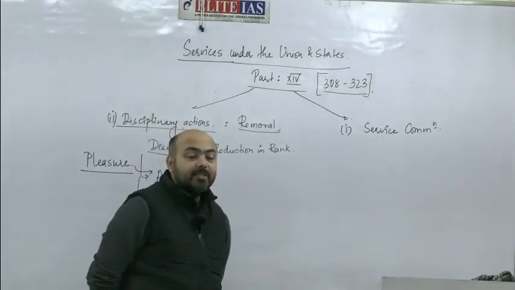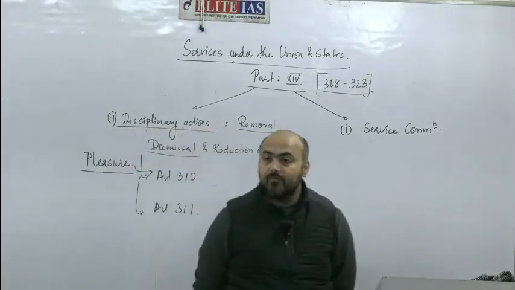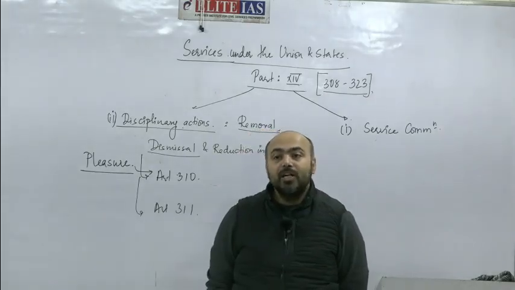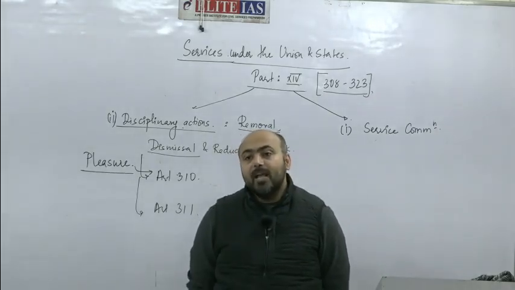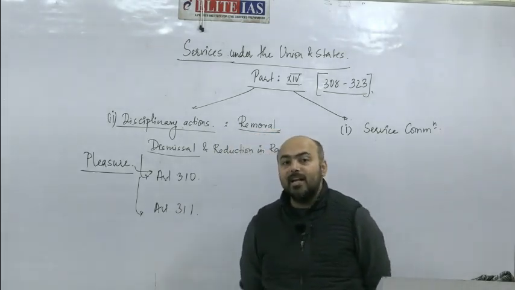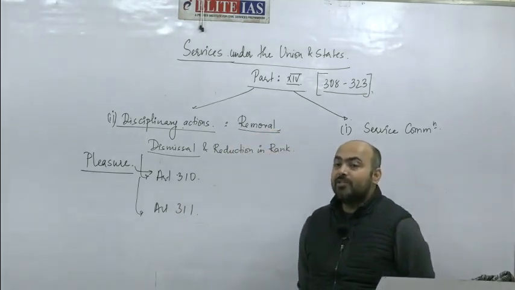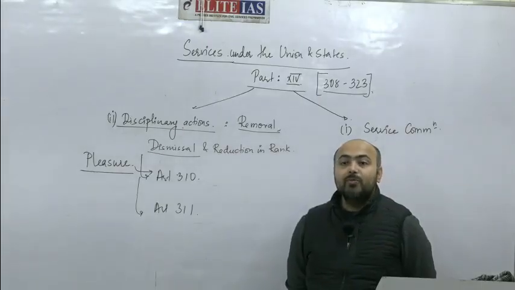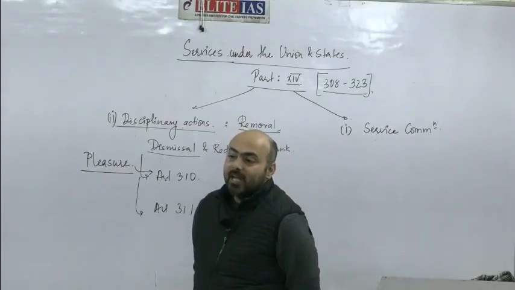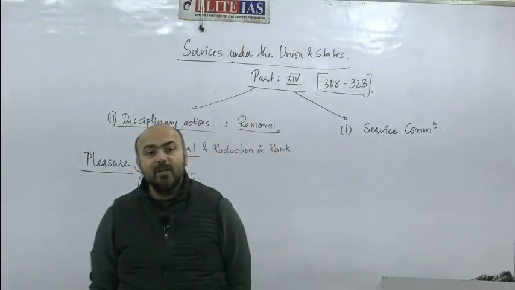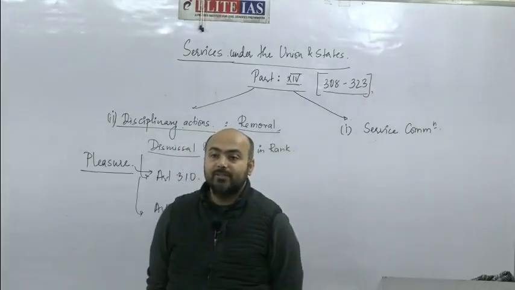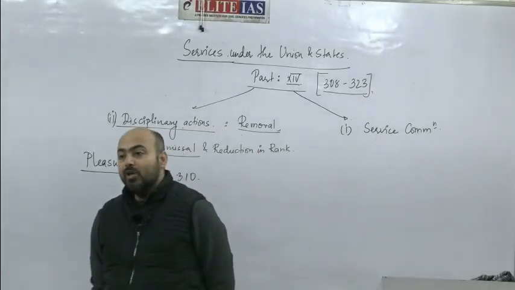The Second Administrative Reforms Commission, which was chaired by Virappa Moily, recommended that both these provisions, Article 310 and Article 311 of the Constitution, should be repealed from the Constitution. According to the ARC, Article 311 gives undue protection to civil servants.